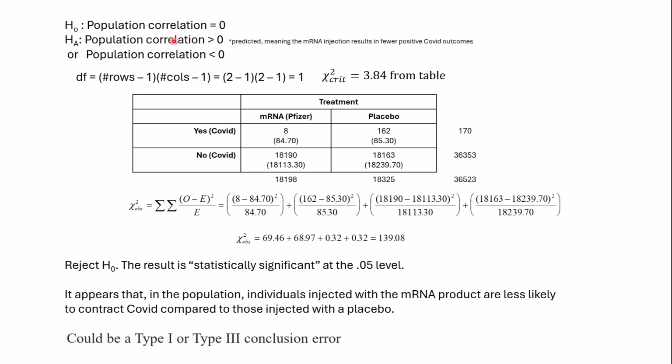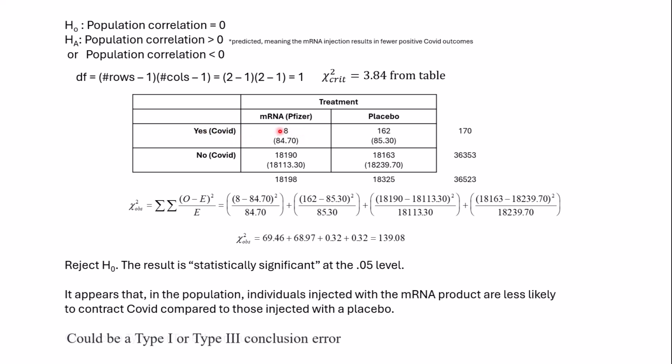Now, we've already talked about this in class, but you can see that the data are in the predicted direction for Pfizer. So notice, if you were to take 8 and divide it by 18198, you're going to get a percentage, and that percentage is going to be smaller than if you take the 162 divided by the 18325. So in other words, proportionally fewer people are contracting COVID.